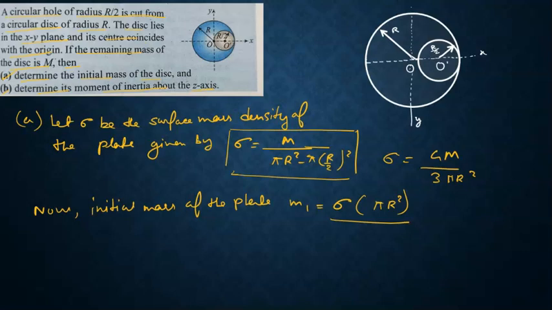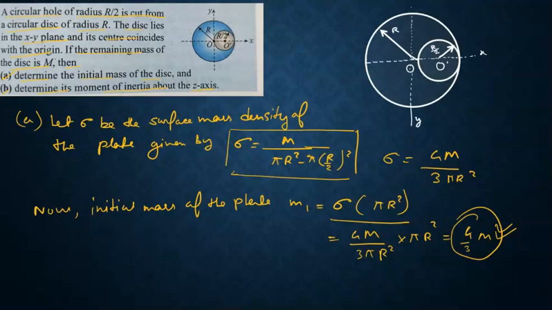So to find the initial mass, we just multiply the initial area with the surface mass density, and that equals 4m by 3 pi r square into pi r square. That equals 4 by 3 m. So this is the initial mass. And let's proceed further.